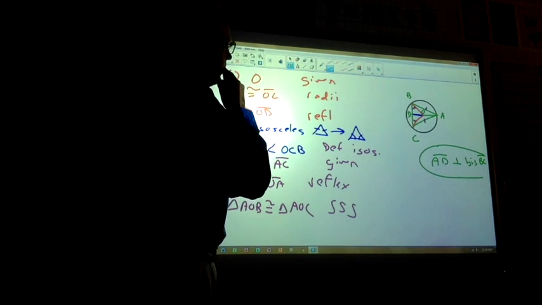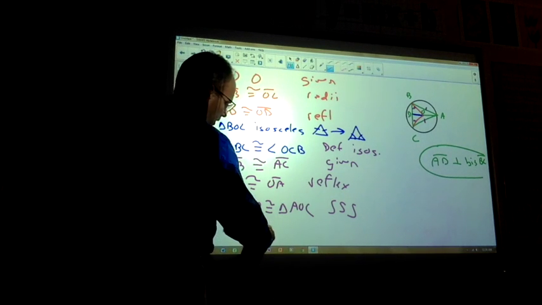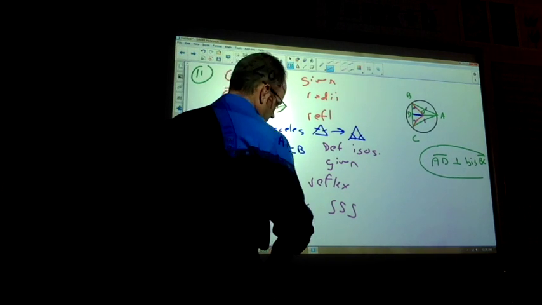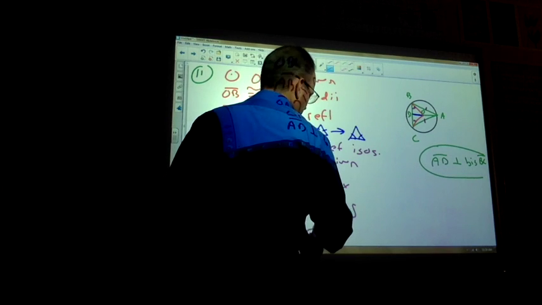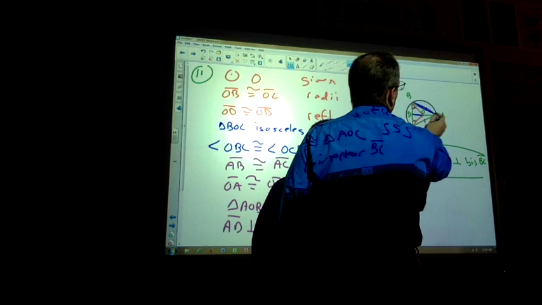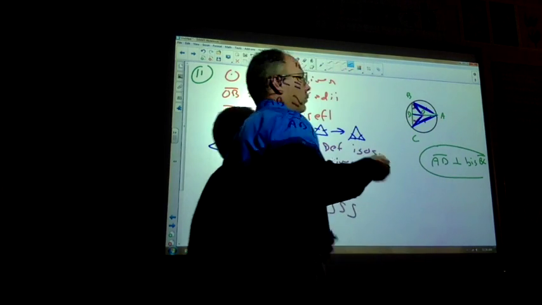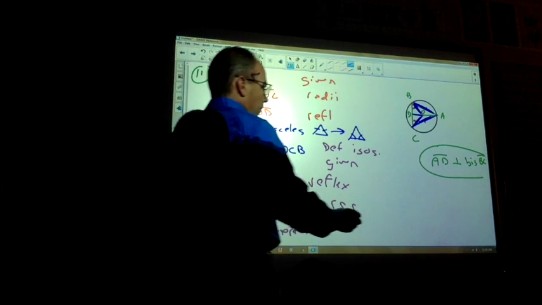I don't even know if I had to do that. But I can then go ahead and say that AD is a perpendicular bisector of BC. And the reason is I know I have this congruent to this, so I have that segment, and now this segment. I didn't even have to prove the triangles were congruent.